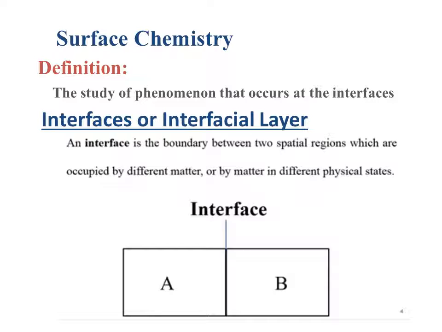It is also called interfacial layer. It is a layer, a region between two matters. Then we will discuss the physical and chemical properties of the interface and the matter, and we will see how matter and interface are different.